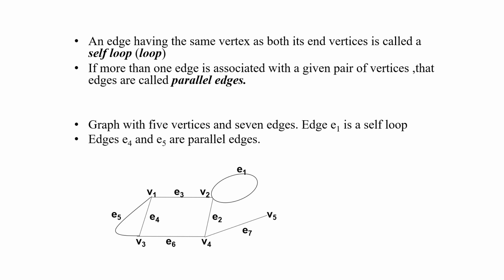It is a graph with 5 vertices and 7 edges. Edge E1 is a self-loop as the end vertices of E1 is V2. Edges E4 and E5 are parallel edges because they are associated with the given pair of vertices V1 and V3.